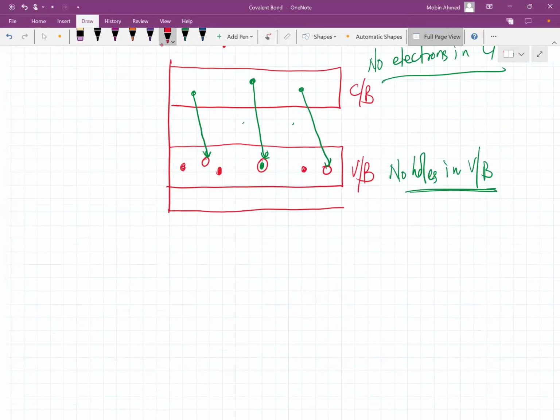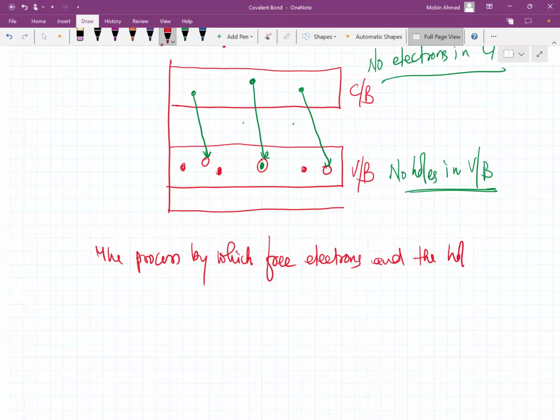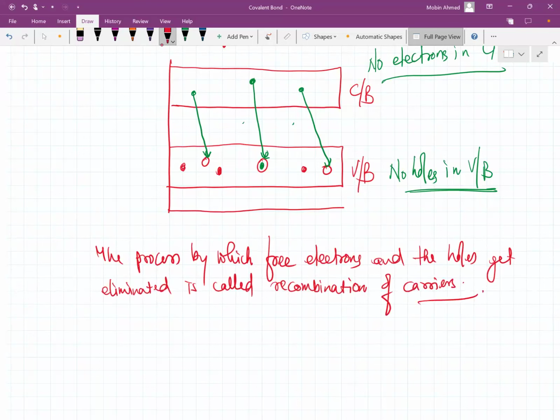Or we can say the process by which free electrons and holes get eliminated is called recombination of the carrier.